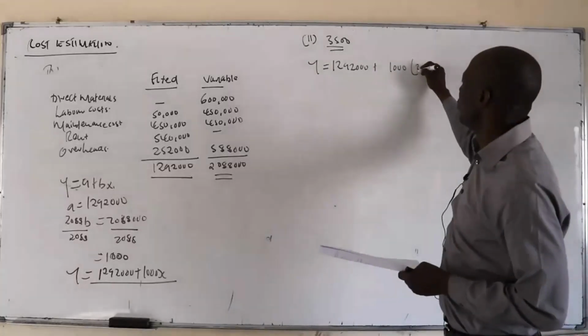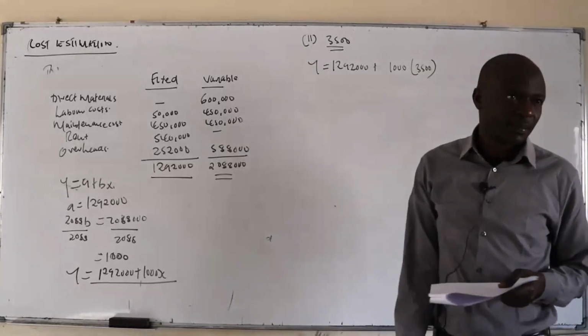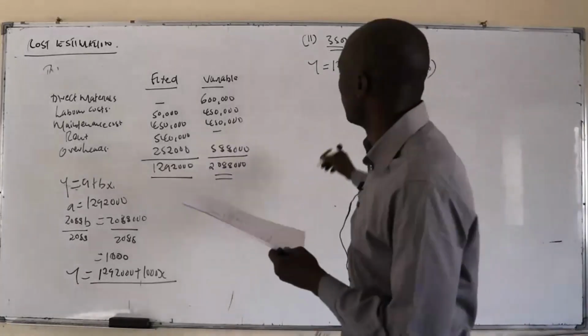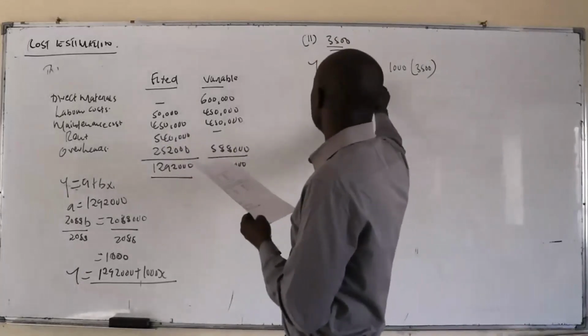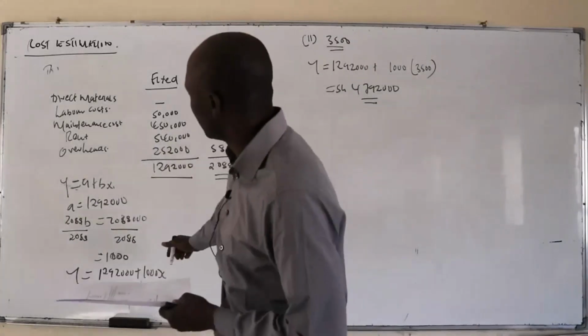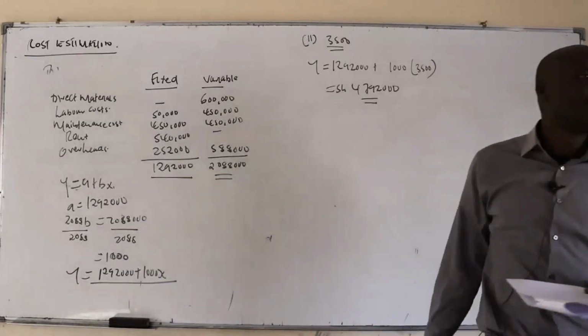And then you substitute X by 3,500. So you get the total cost, which is our Y. It's going to be 4,792,000. So we have used this equation to estimate the cost of making those 3,500 units.